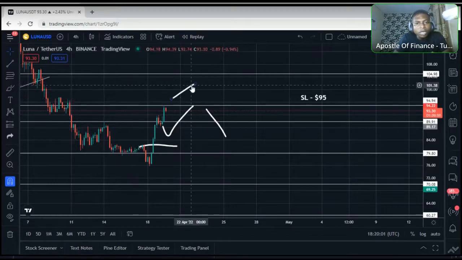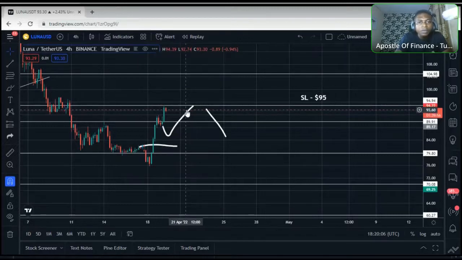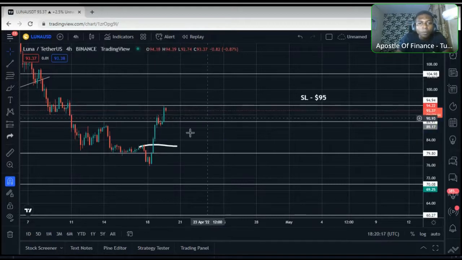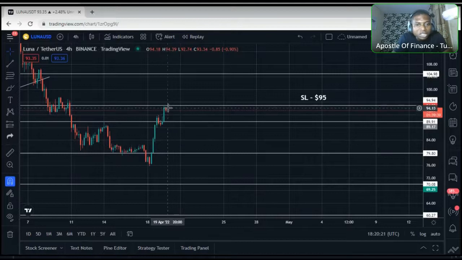Right. So now you will see that there are two things that might happen here. It might not be that easy for price to break out of this level. Now there would be some rejection, some rejection at this level.